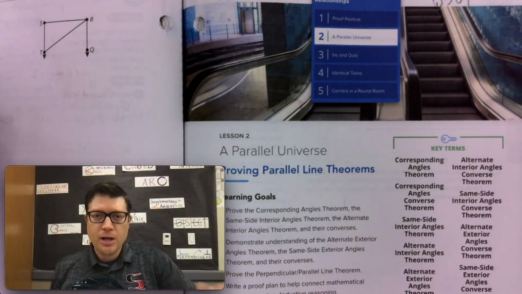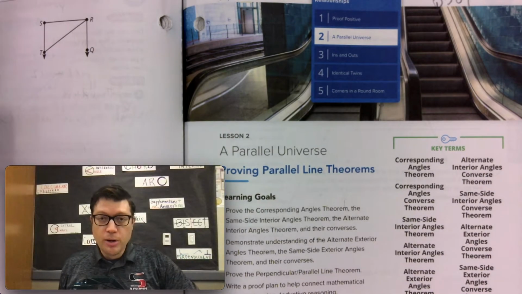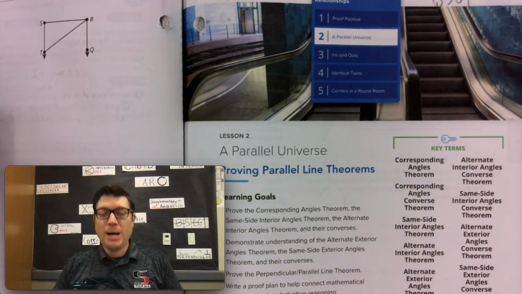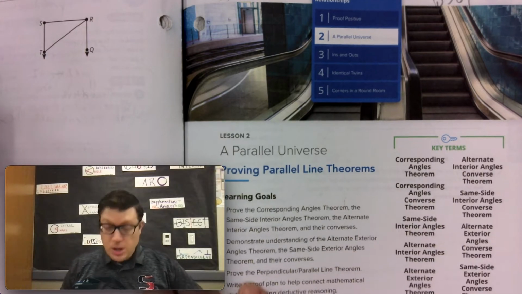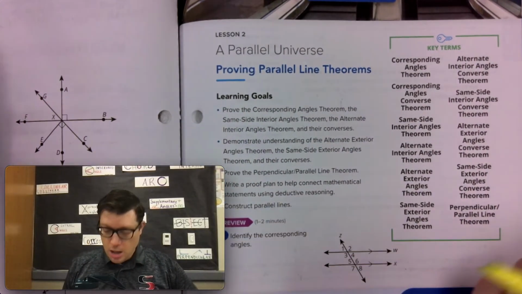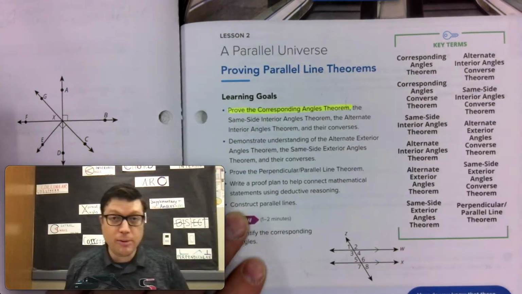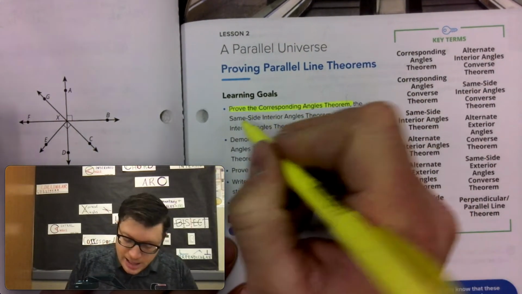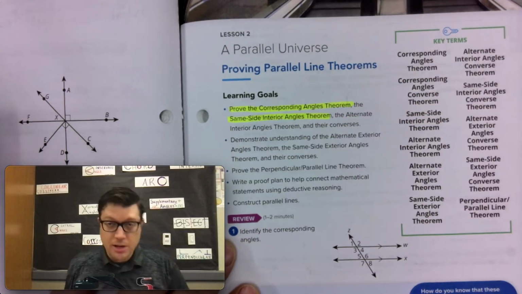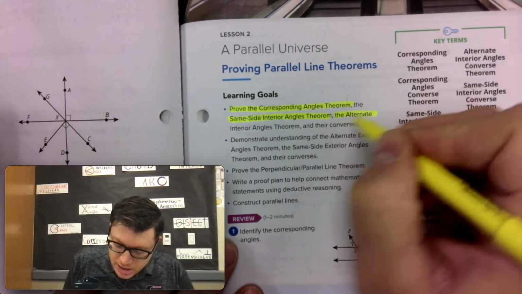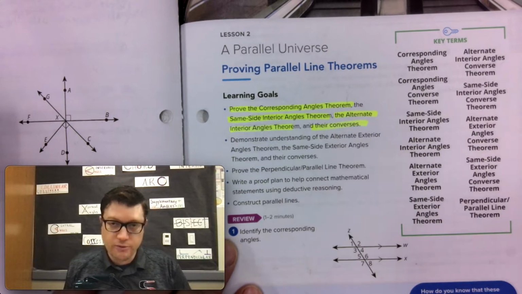We have vocabulary words. We're talking about proving parallel line theorems. The learning goals for this lesson are to prove the corresponding angles theorem, so probably going to be a note card for that one, the same side interior angles theorem, the alternate interior angles theorem, and their converses.